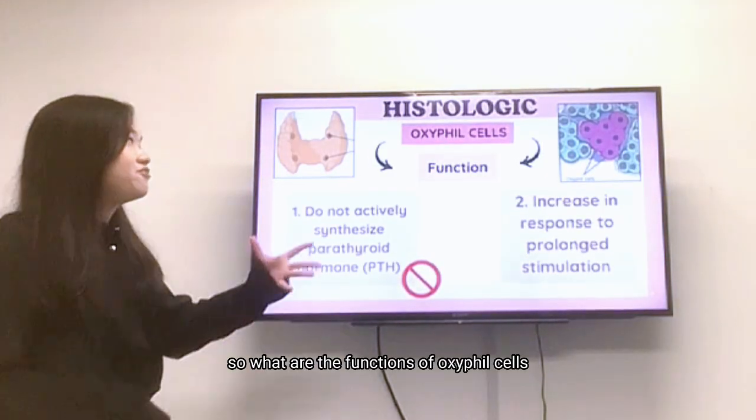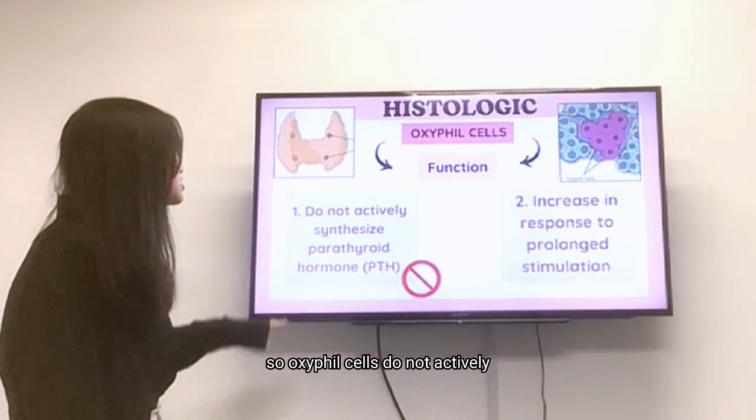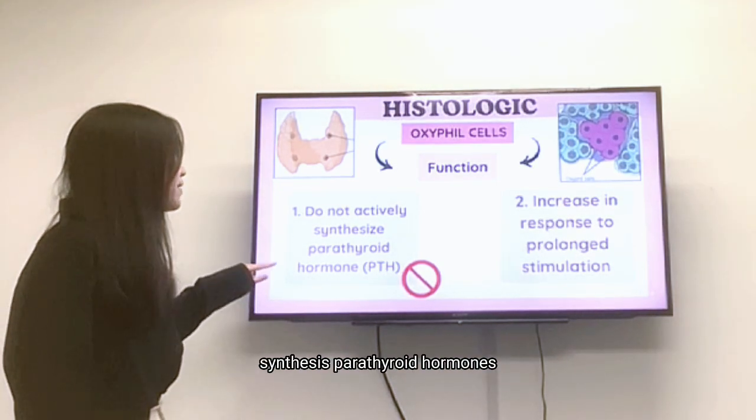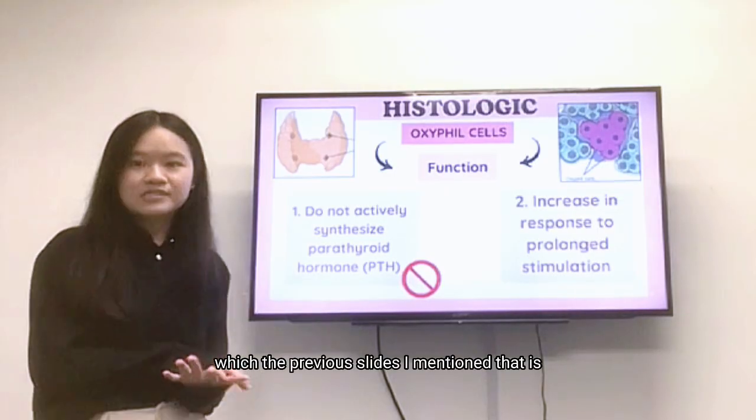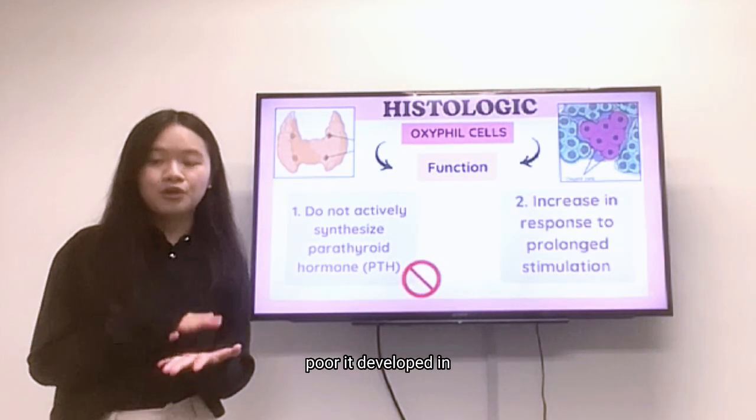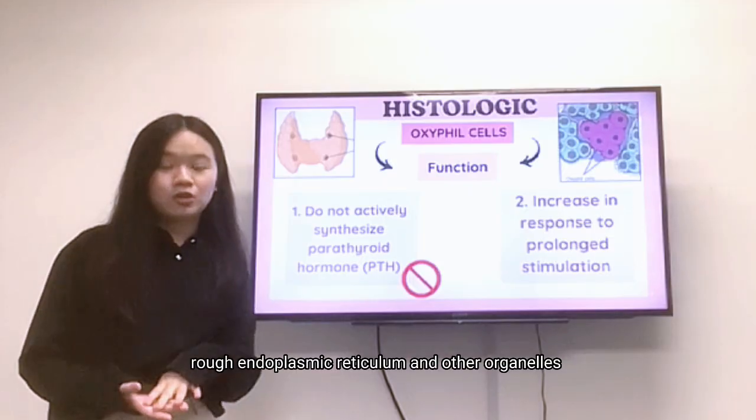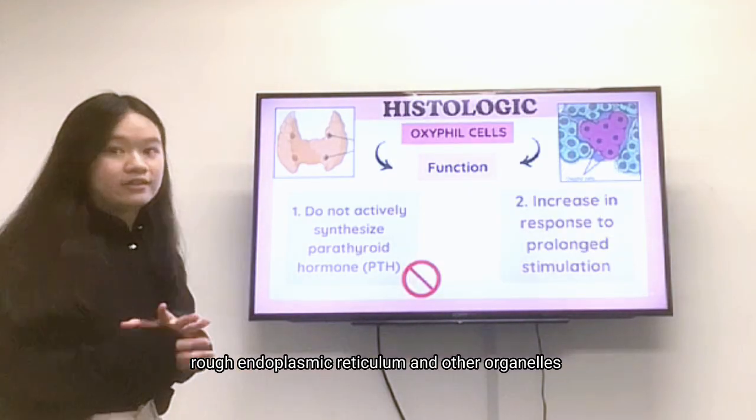So, what are the functions of oxyphil cells? Oxyphil cells do not actively synthesize parathyroid hormone, which, as I mentioned in the previous slide, is because they are poorly developed in rough endoplasmic reticulum and other organelles.